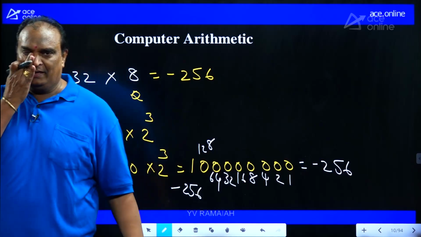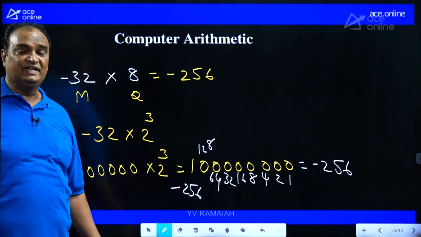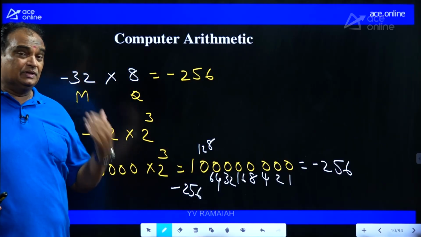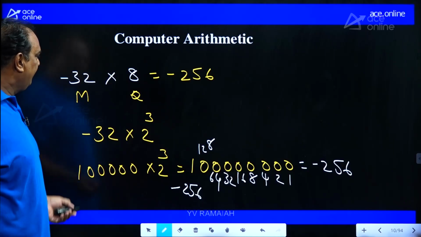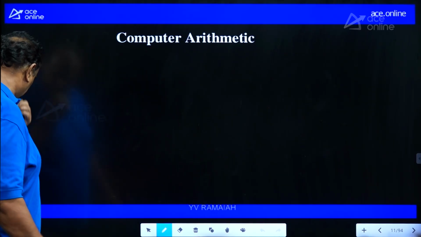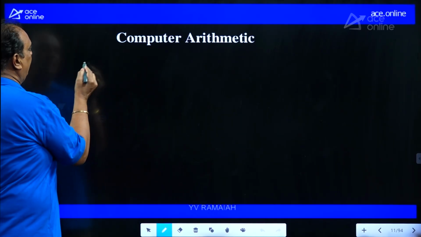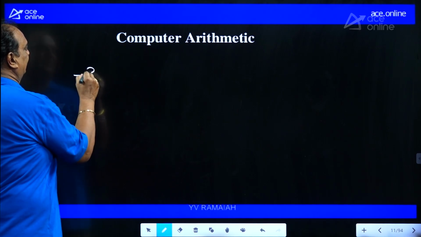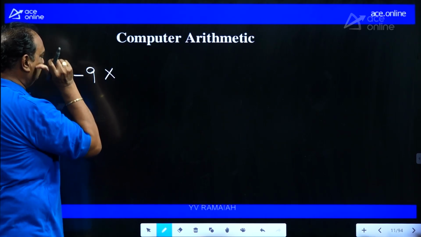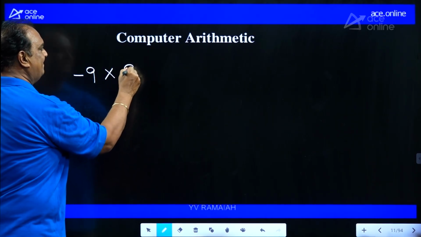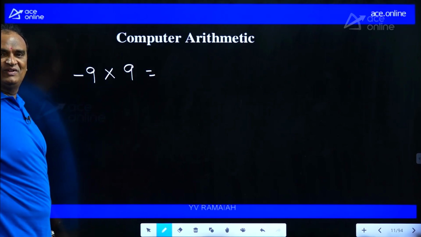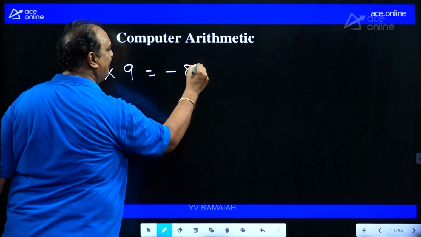At the same time, here only shifting is enough. Addition is not required. Suppose the given question is like this: minus 9 into 9. What is the decimal value here? Minus 81.